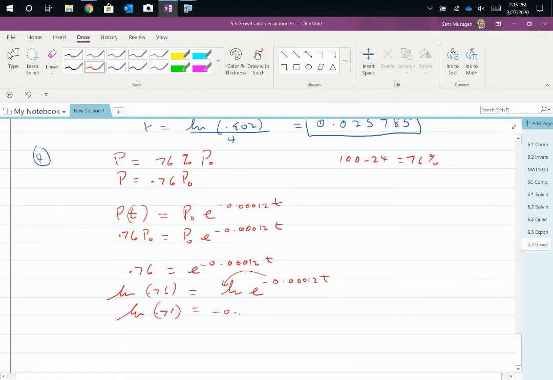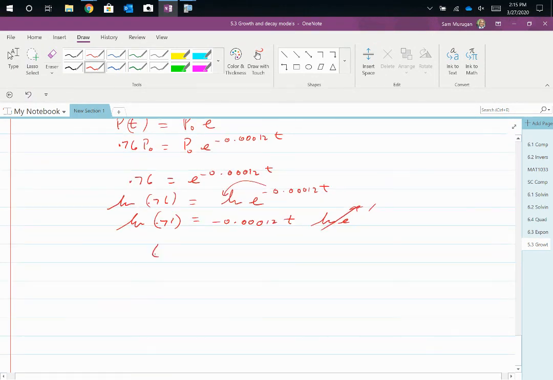Negative 0.00012t ln e, which is 1. So t is equal to ln 0.76 divided by negative 0.00012.